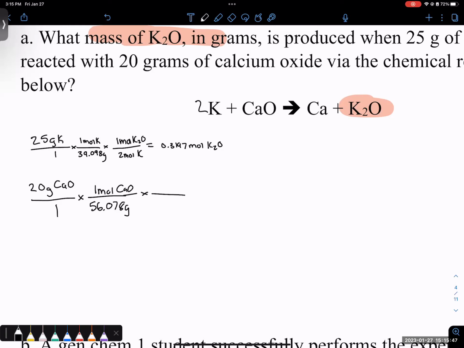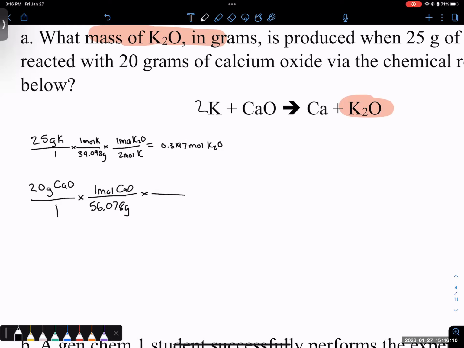What do we do next? Molar ratio, right? And why do we do it? To get moles of a different thing, right? We don't care about calcium oxide, we care about potassium oxide. Exactly, so Myra said to cancel out calcium oxide units.